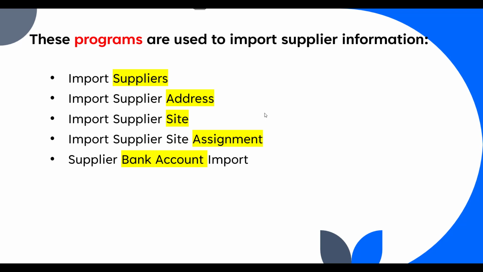Again, you have to download the template, fill the template, load and import. There is nothing straightforward in Oracle. You have to face issues, validation errors, a lot of issues, but you have to be ready to resolve them: download the log, download the PDF, check the error message.